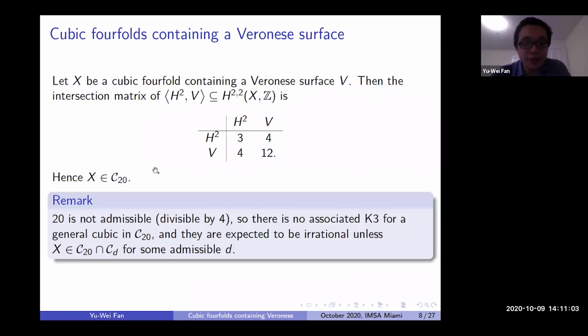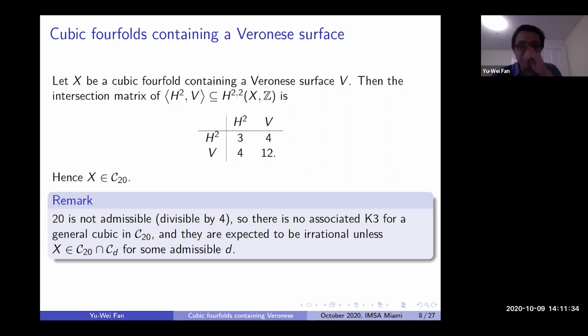Just a remark that 20 is not admissible because it's divisible by 4. So there's no associated K3 for a generic cubic in C20, and they're not expected to be rational by the conjecture unless they lie in the intersection with some admissible locus, some codimension 2 locus in the moduli space.